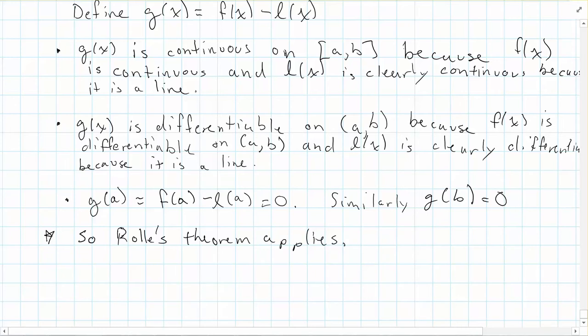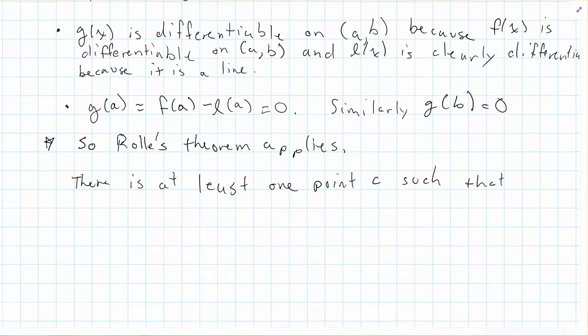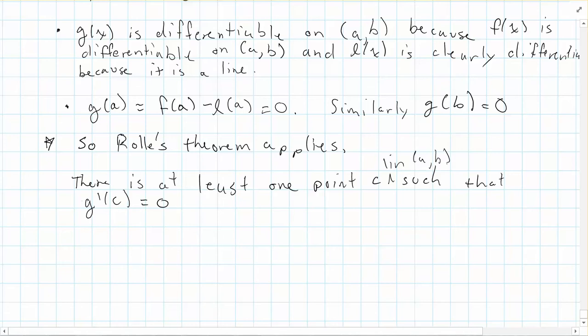And what does Rolle's theorem say? There is at least one point c in the open interval (a, b) such that g'(c) is equal to 0.